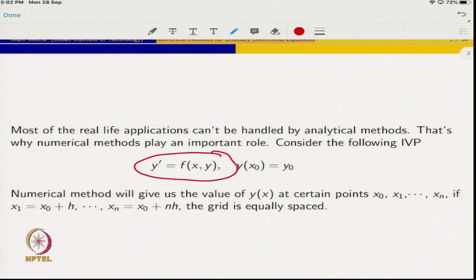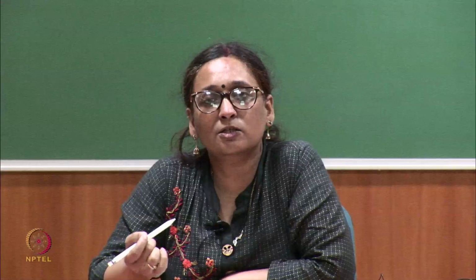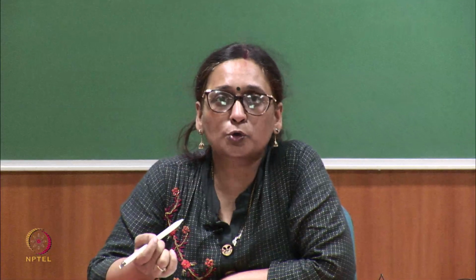Of course, all of us know that to solve differential equations we need initial conditions or some set of conditions. If this is a first order differential equation, only one condition is prescribed at one point, which is the initial point. If it were a second order differential equation, we need two conditions to solve it. If those two conditions are prescribed at one point, that is called an initial value problem, and if those two conditions are prescribed at two different points, they are called boundary value problems.